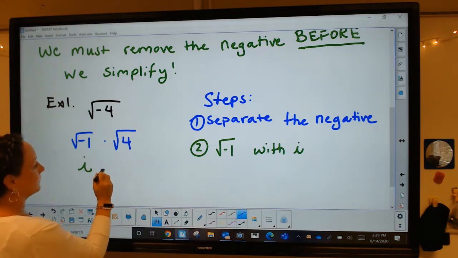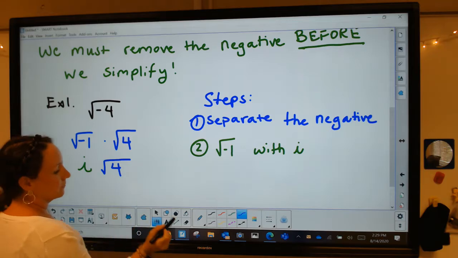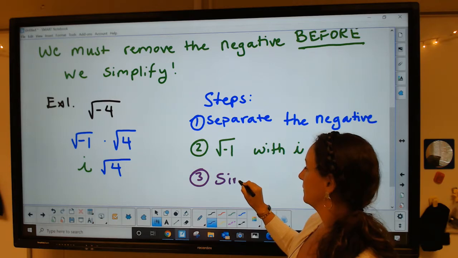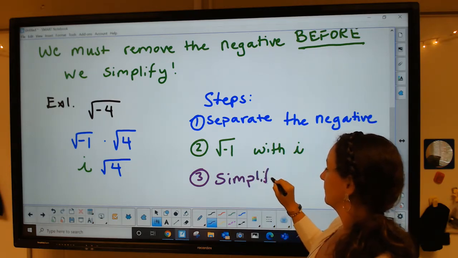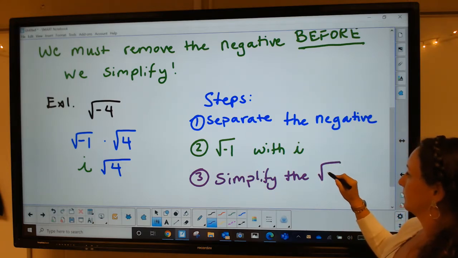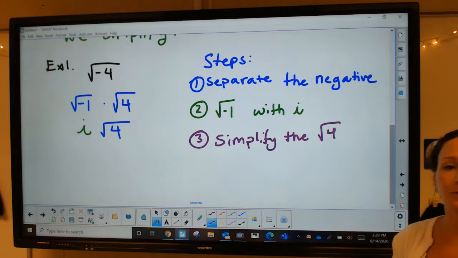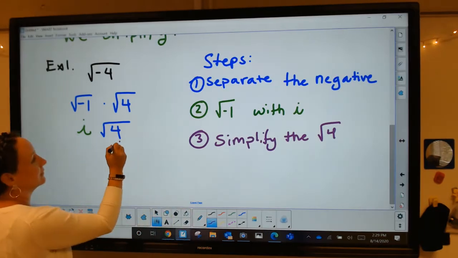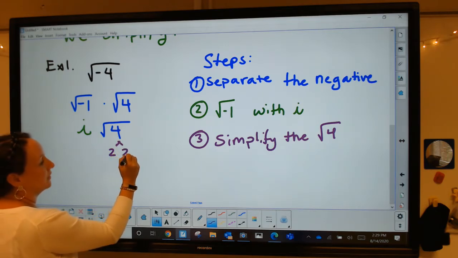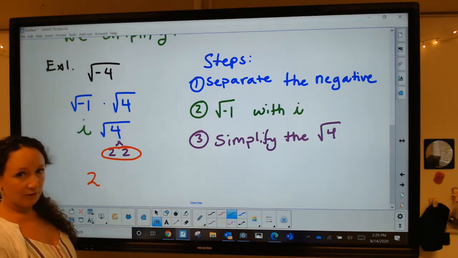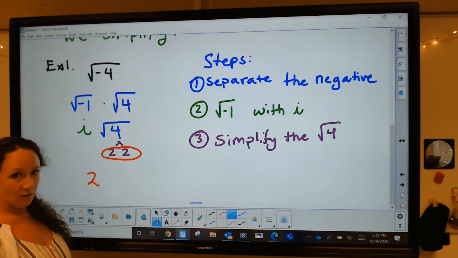And now we're going to simplify that square root. So we're going to simplify the square root of 4. The square root of 4 is a perfect square. So I would break that down into 2 and 2. I have a pair of 2's. So 2 comes out. There's nothing left over. So the square root is no longer necessary.